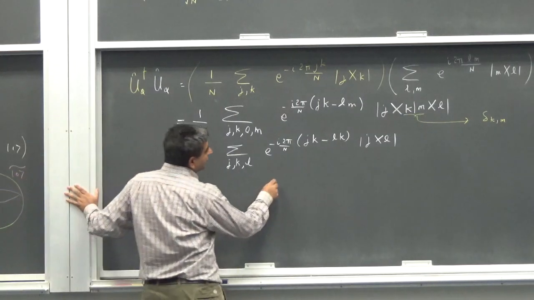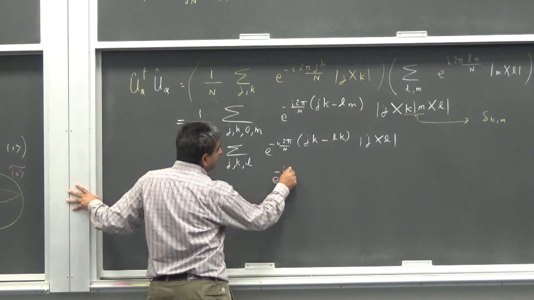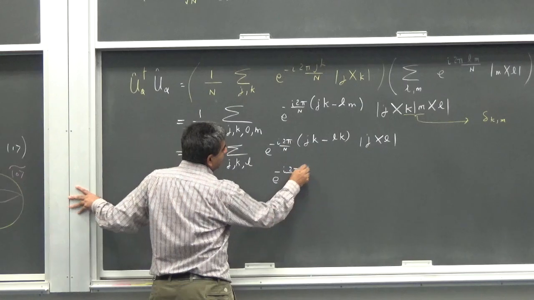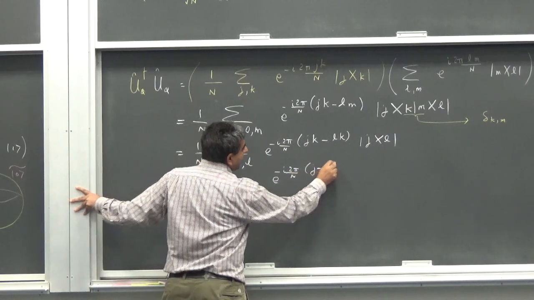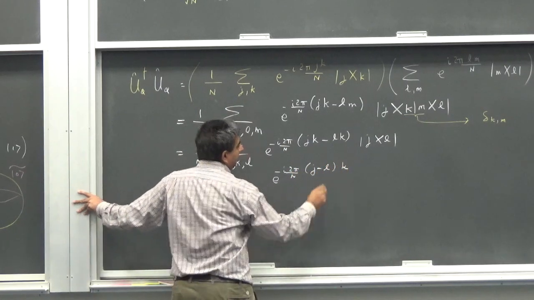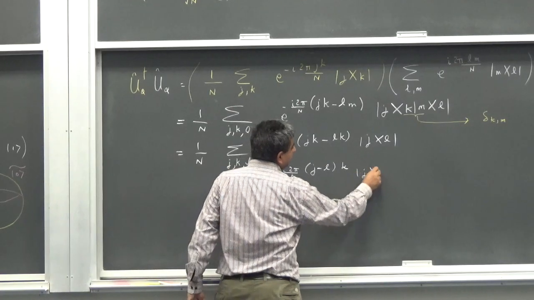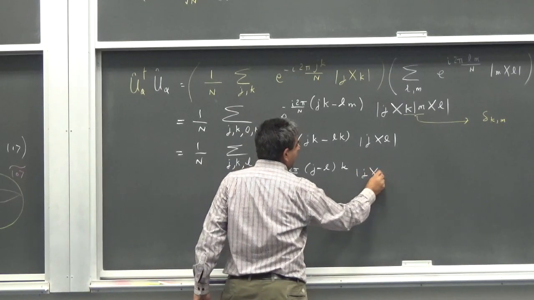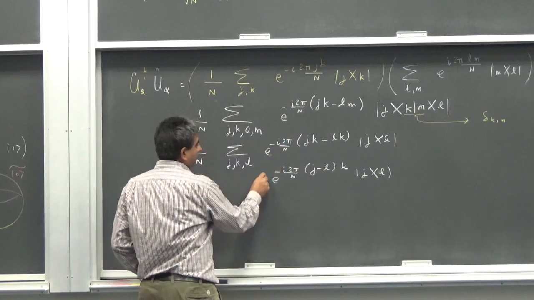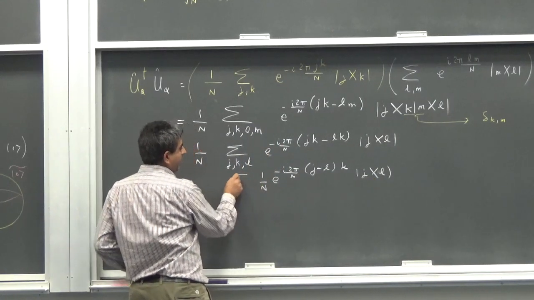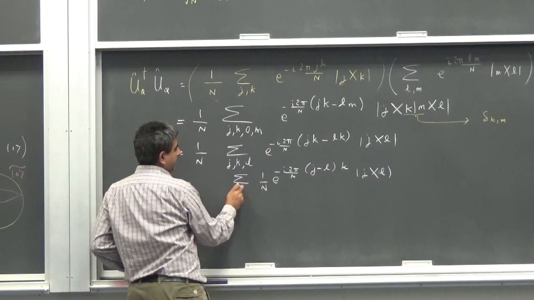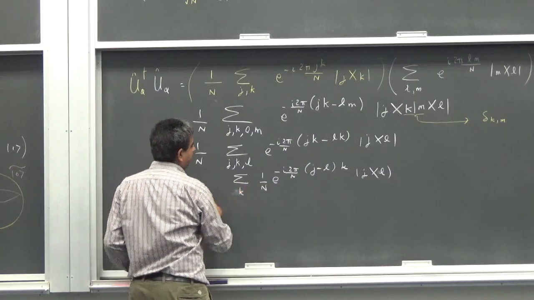So this becomes e to the minus i 2 pi over n, j minus l times k, ket j bra l, 1 over n, sum over j, k here.